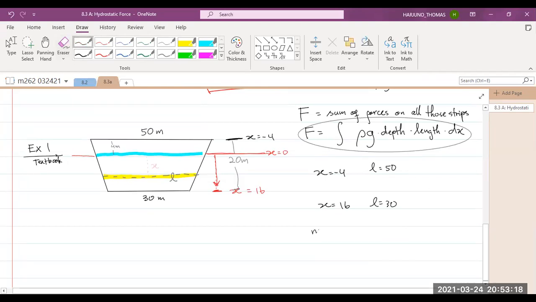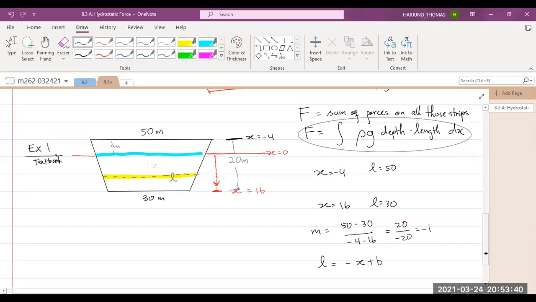Okay, the slope is 50 minus 30 over negative 4 minus 16. That's 20 over negative 20, equals negative 1, right? So the length as a function of x is negative x plus some constant.